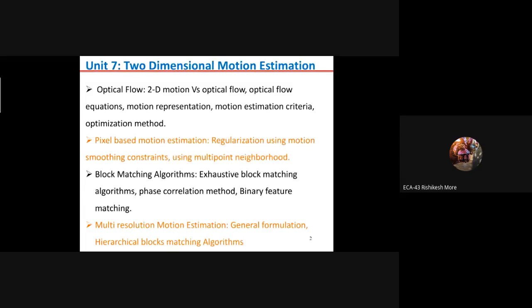We have to study the various motion estimation criteria and the various optimization methods regarding two-dimensional motion. Again, when we consider motion, we have to consider the individual pixels of the video.